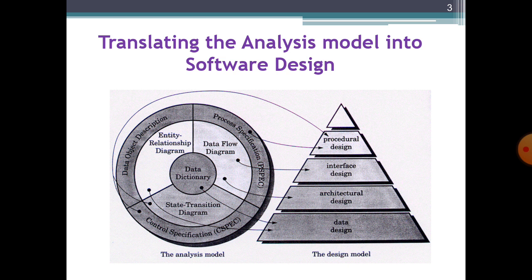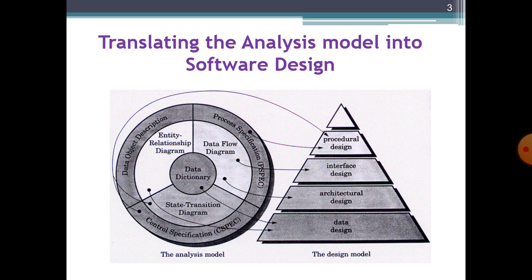Therefore, data and control flow diagrams provide much of the information required for interface design. So data and control flow diagrams are mapped towards the interface design, which provides much of the information required to build an interface design.